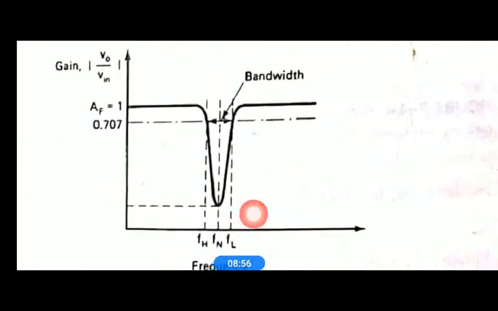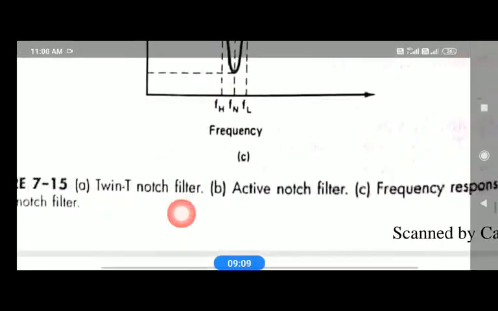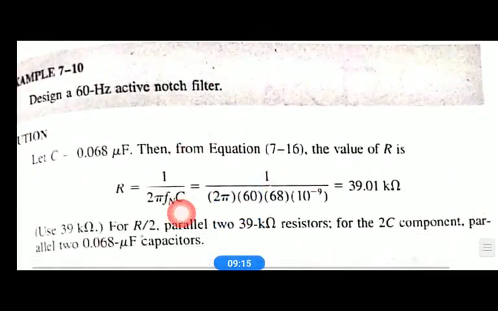Fn is the frequency at which the rejection is maximum, whereas there is no much rejection between FH and FL except at Fn, right?